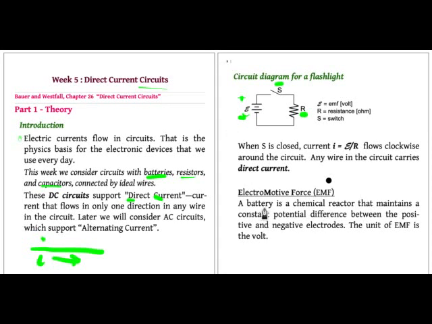A battery is a chemical reactor that maintains a constant potential difference between two electrodes, the positive and negative electrodes. And electromotive force, it's not a force. It doesn't have units of force. It's an electric potential. So the unit of electromotive force, EMF, is the volt.